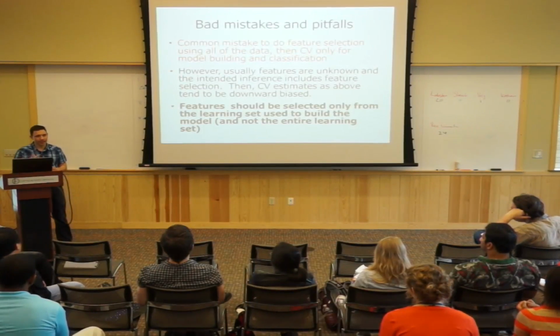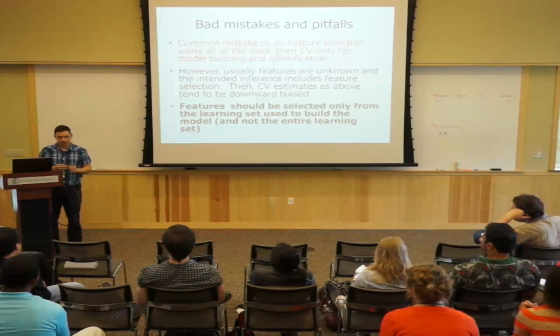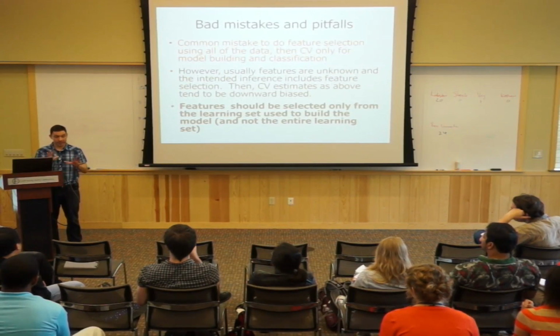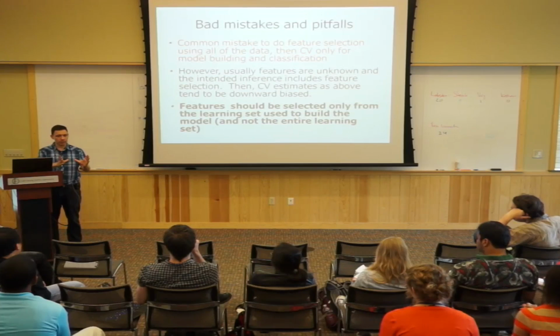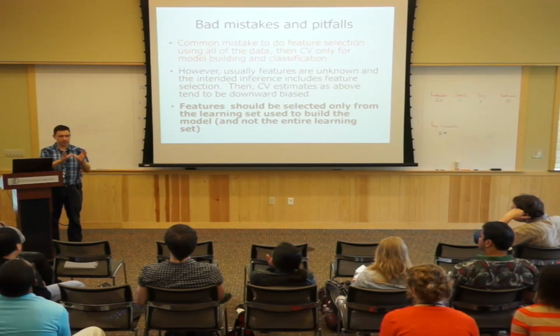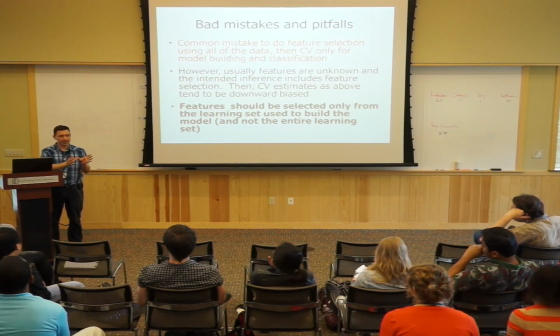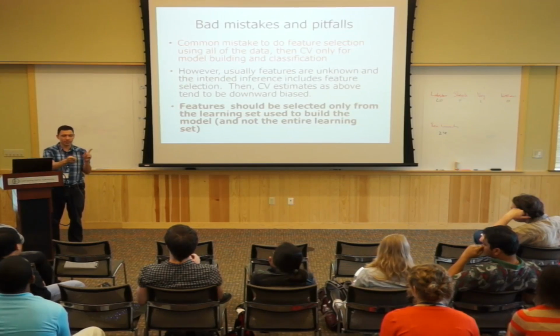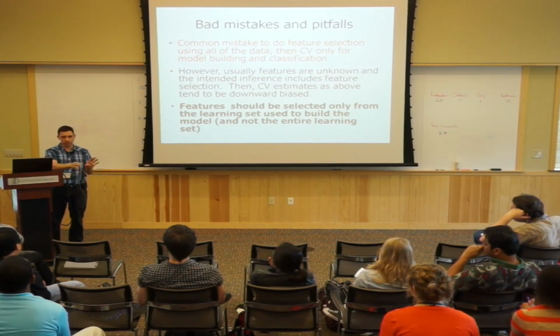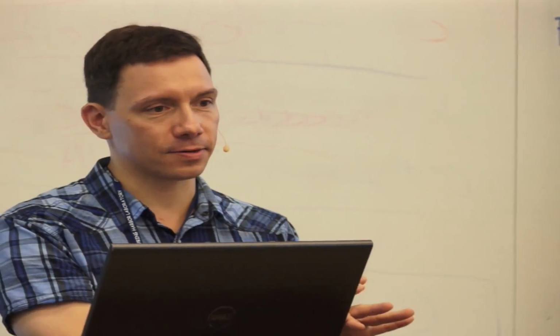What would have been the right way to do it? Coming to cross-validation, 10-fold cross-validation. Imagine you have your 90 subjects that are part of the training data, then only using these 90 subjects, only using them, you find 200 genes that are differentially expressed. Then you use these 200 genes with linear discriminant analysis to come up with a predictor.